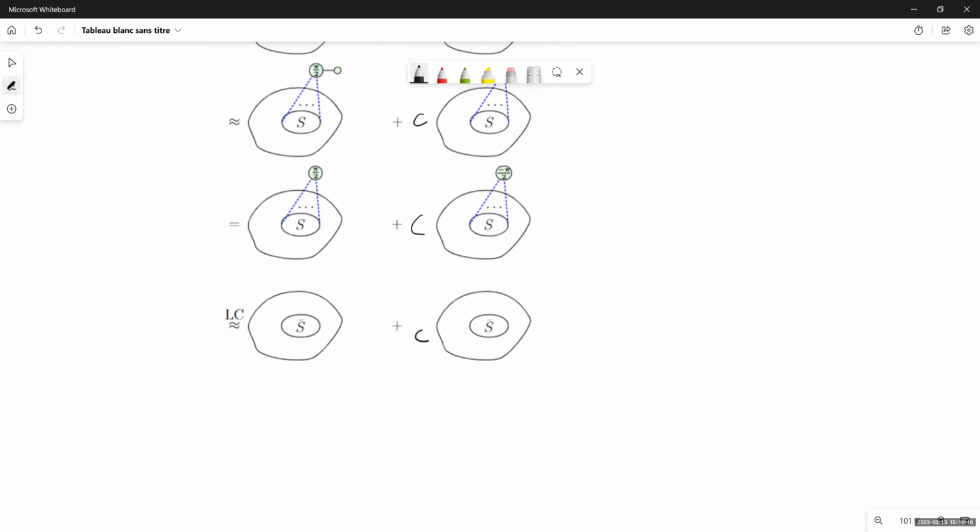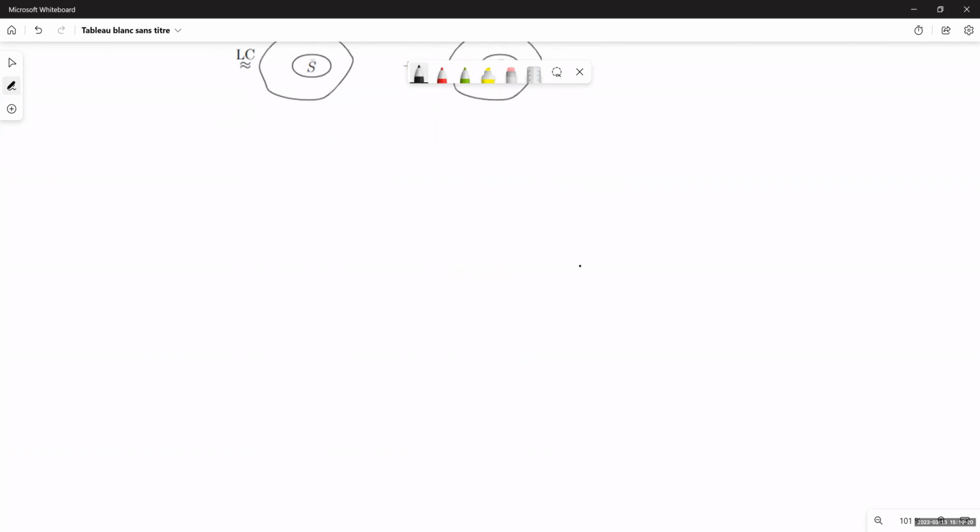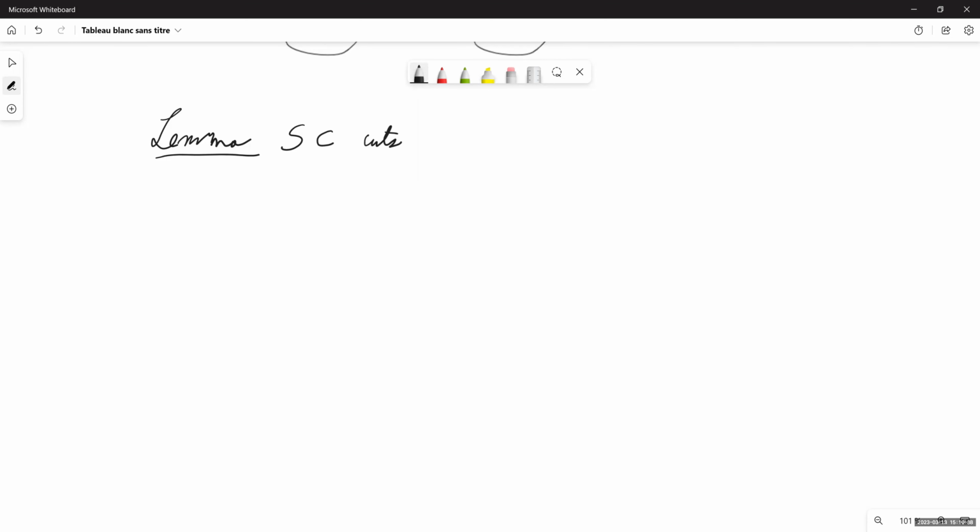And okay, the reason why this operation is interesting, there's two reasons why. First, another lemma: subgraph complement cuts are always better than or equal to vertex cuts.